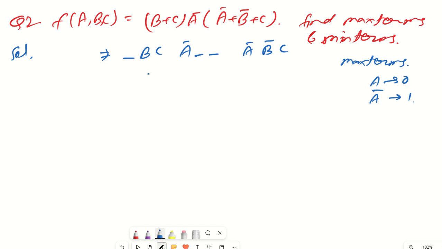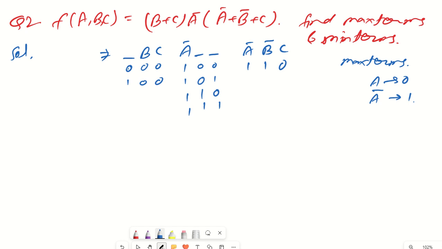So first term here it can take either 0 or 1. So I will take it 0 or 1, and BC can take only 0, 0 because they are without bar, right? Then come to this one. It can take 0, 0, 0, 1, 1, 0, 1, 1 because of two variables, and A bar will always take 1, right? In max term it has to be 1. Similar to that 1, 1, 0.